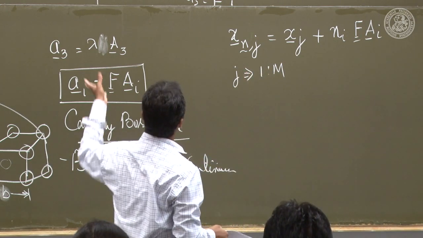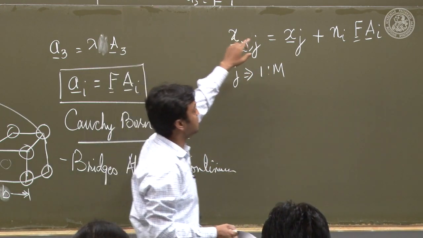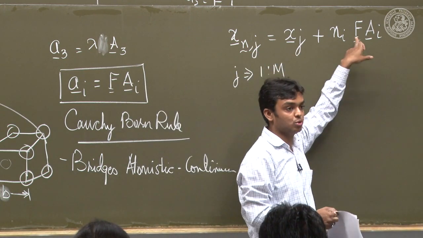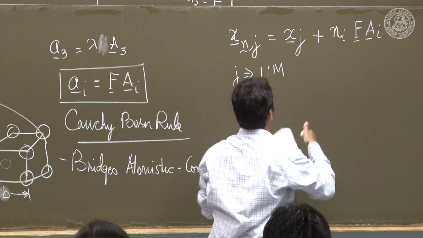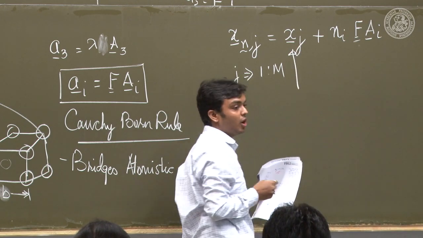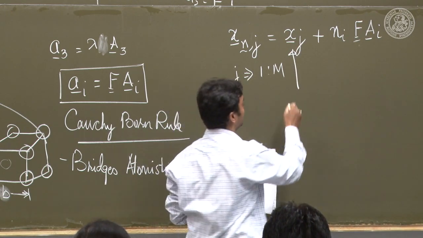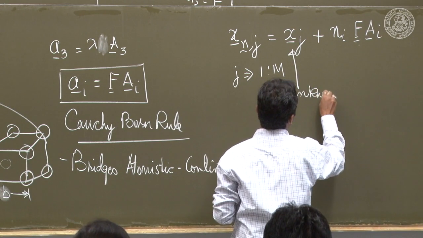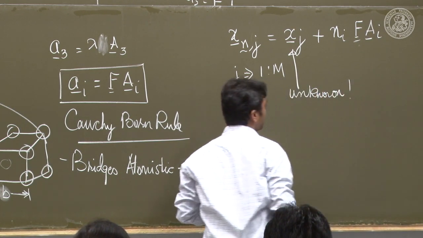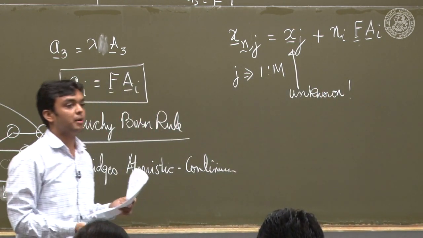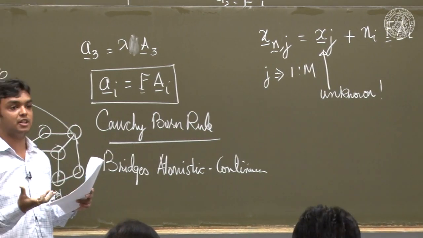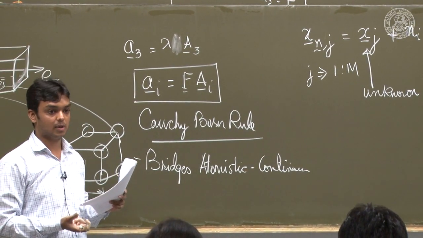So when you apply the deformation, you have this F as known to you. But the position of the basis atom is unknown to you. This can be found out by minimizing the energy of the unit cell.